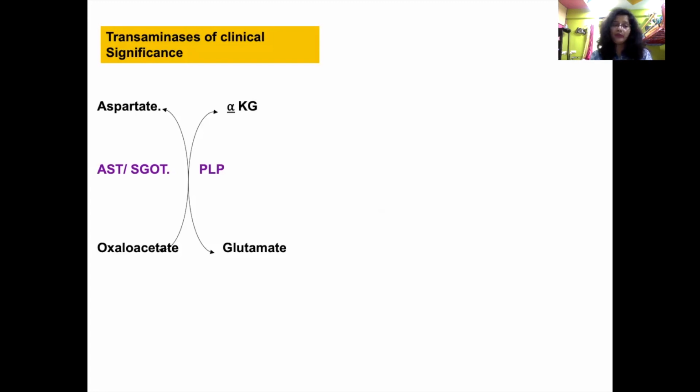AST is the new name and it is derived from the donor amino acid. As you can clearly see here, aspartate donates its amino group to alpha-ketoglutarate to form glutamate, and it forms the keto acid, that is oxaloacetate. So this is the aspartate transaminase. Again, it requires pyridoxal phosphate as a coenzyme.